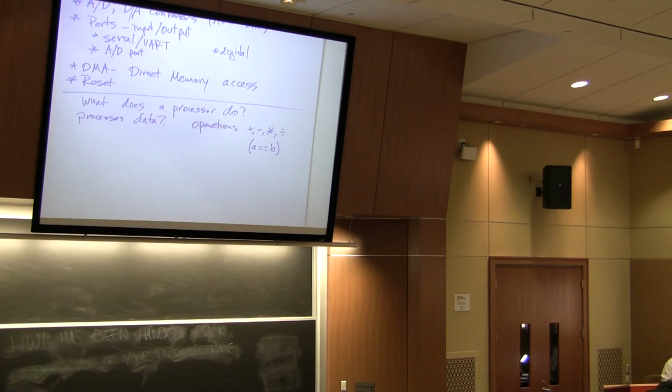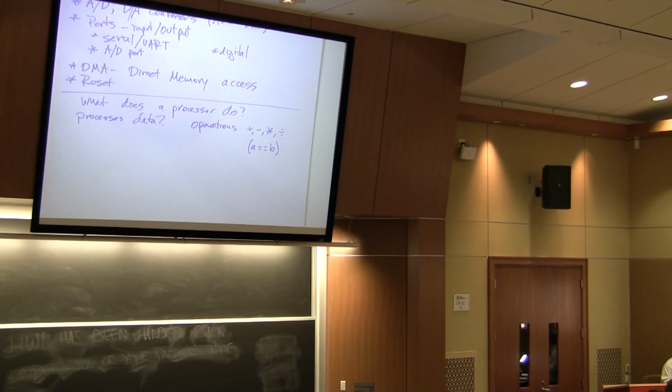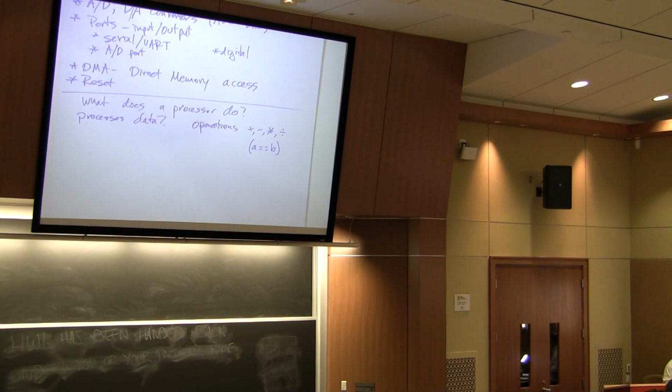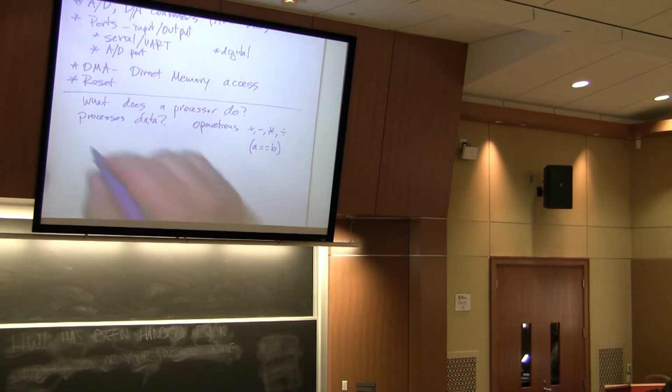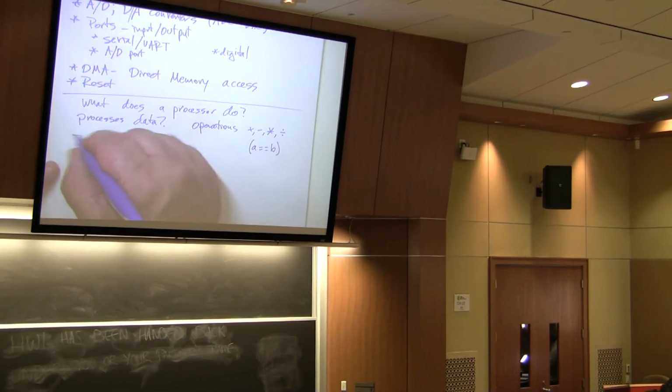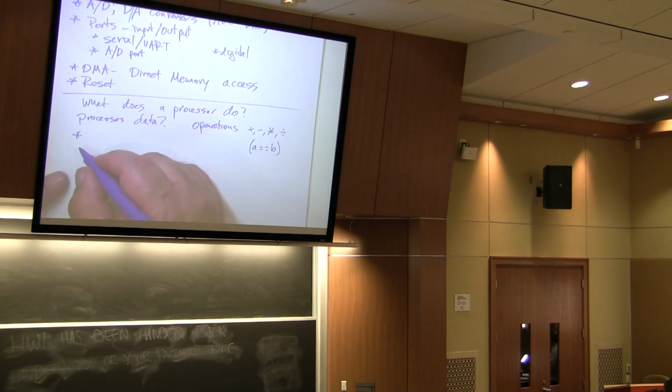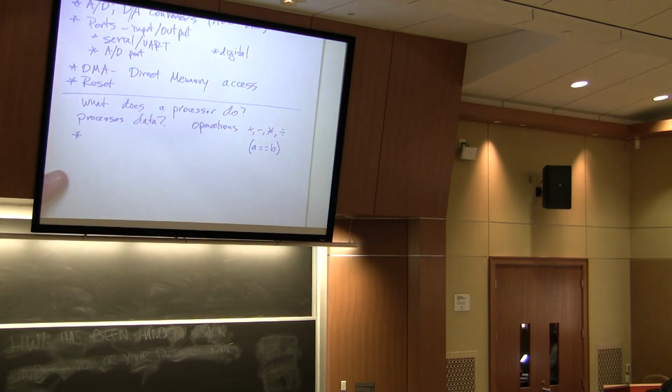But one thing that you have to keep in mind is, in our processor, a lot of what is going to go on, you need to keep track of. What are some of the things that you need to flag or to keep track of as a processor does its processing? I'd say the results of an operation.